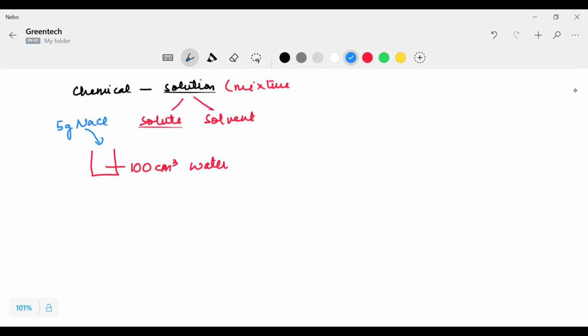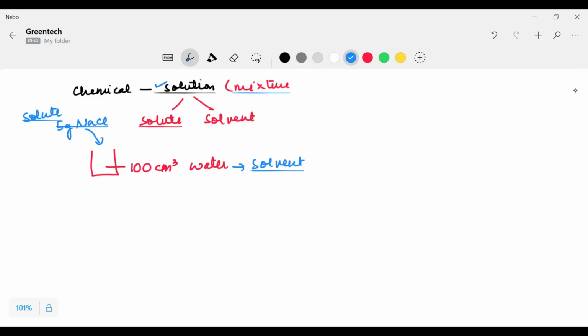The substance which is dissolving the NaCl will be known as the solvent. The substance which is going to get dissolved into the solvent will be known as the solute. So solute and solvent, when they mix together, form a solution, which is actually a mixture.